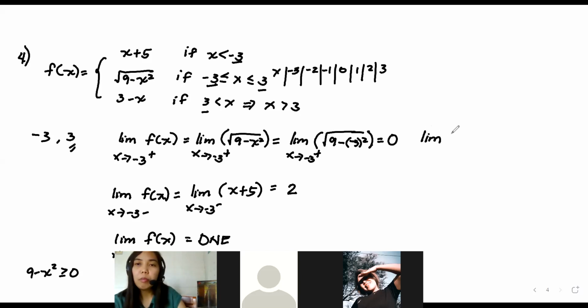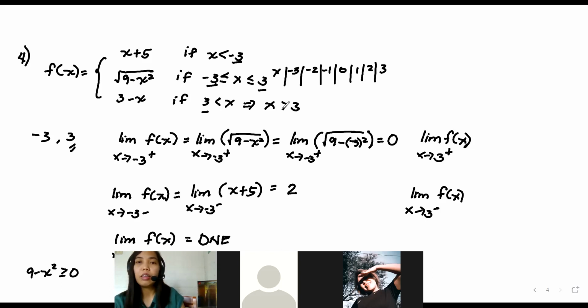Okay, so let's find the limit of f of x as x approaches 3 from the right, and the limit of f of x as x approaches 3 from the left. Okay? 3 from the right. So, ibig sabihin, right?